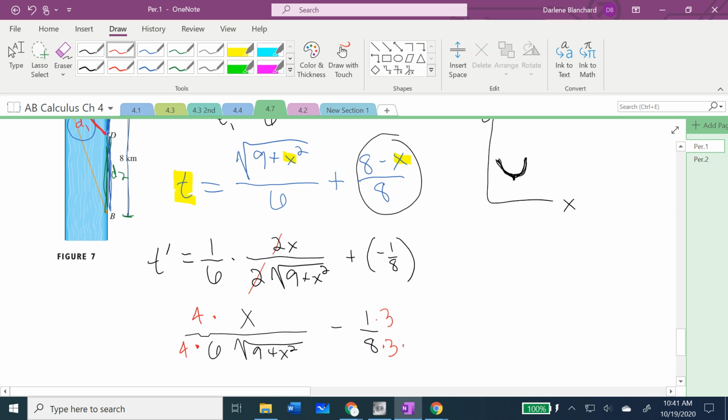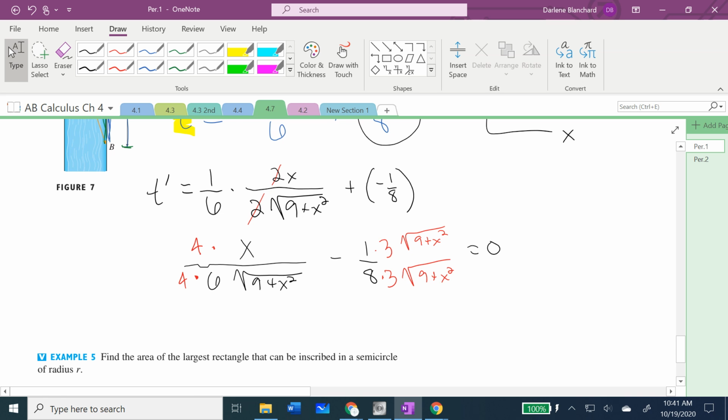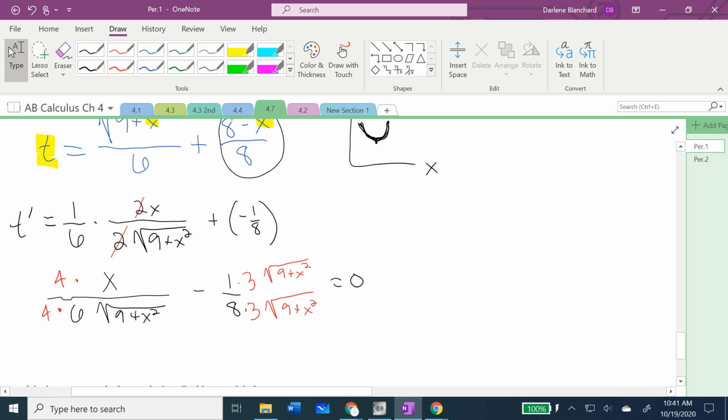And then I've also got to bring in that lovely square root. And now I've got a common denominator. I'm trying to solve for what makes it equal to 0. And hopefully you can see that that common denominator will never equal 0. So I'm going to focus on the numerator, which is 4x minus 3 times the square root.